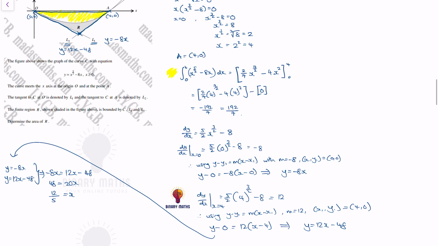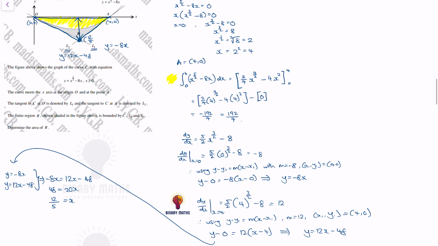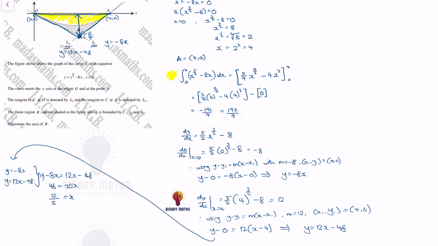Now that I know my x value of this point is 12 over 5, I need to find my height. So I need to find my corresponding y value, which means I just need to substitute into either one. I'm just going to use the easier one, which is y equals minus 8x, which means minus 8 times 12 over 5, which is equal to minus 96 over 5.